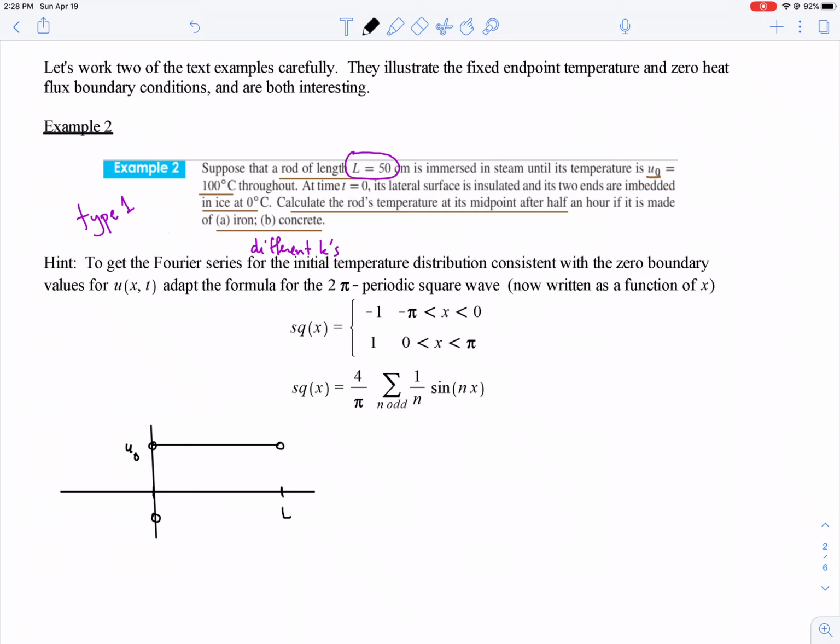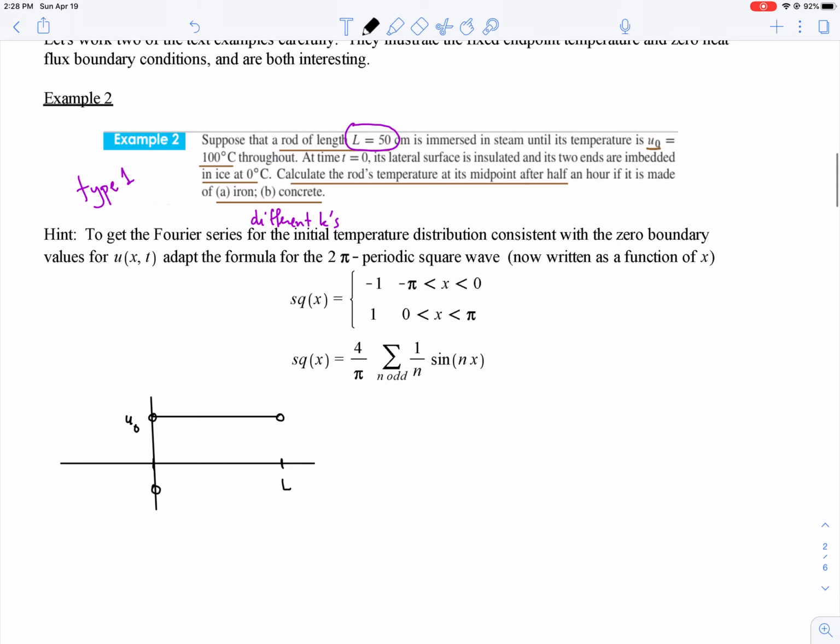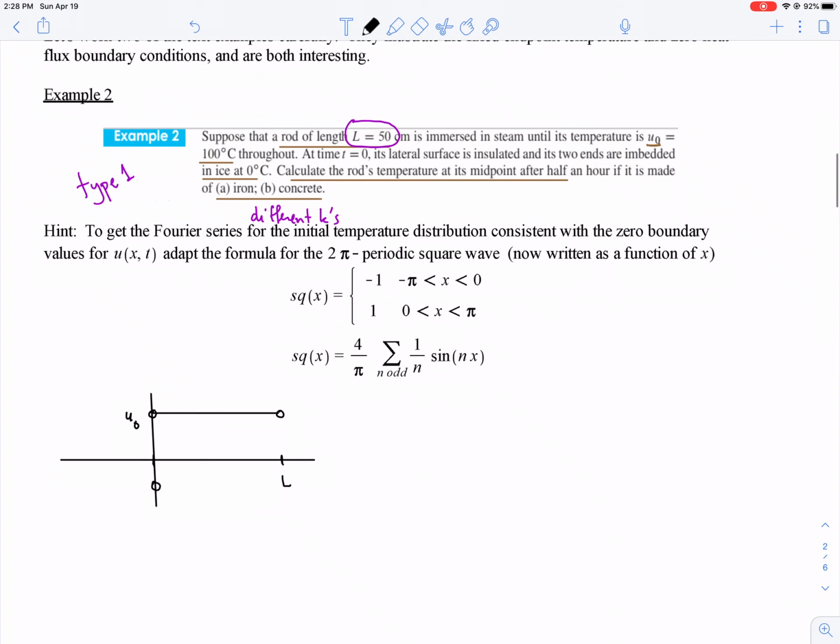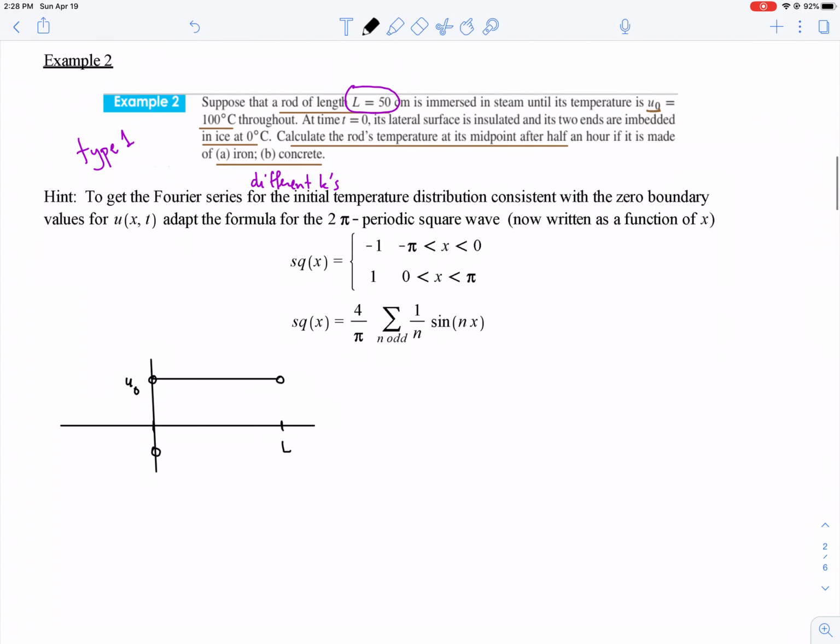And we want to do the type 1 problem where the temperature at the boundaries is always 0. Obviously, at t equals 0, something weird is going on because we put the ice water in, but this actually makes sense. So in any case, we want to do the odd extension of that function, which will give us a sine series.